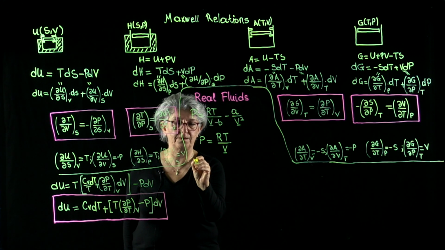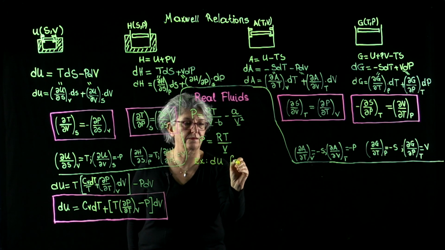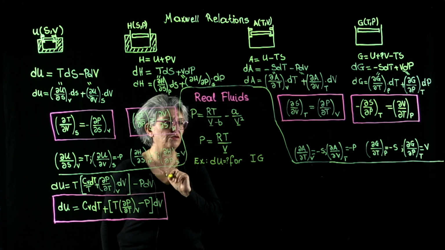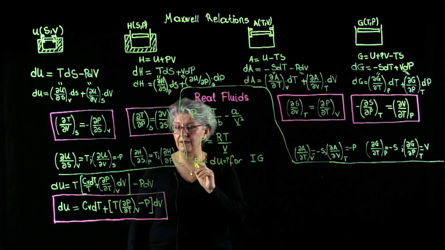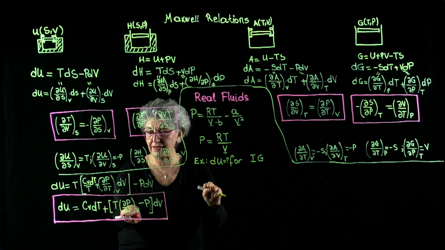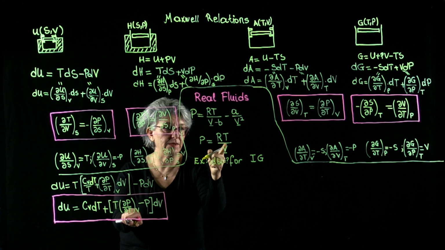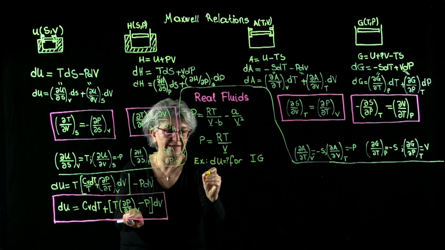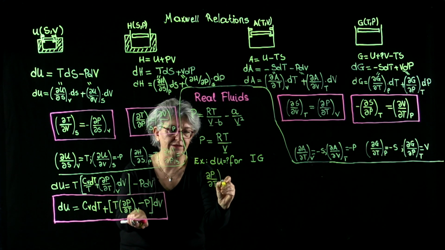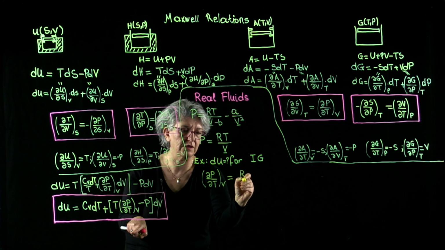So, what is the U for ideal gas? In order to evaluate the U for ideal gas, I'm going to evaluate del P over del T at constant V. P is equal to RT over V. Del P over del T at constant V is going to be R over V.